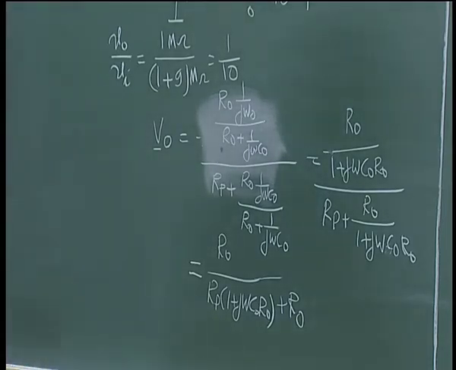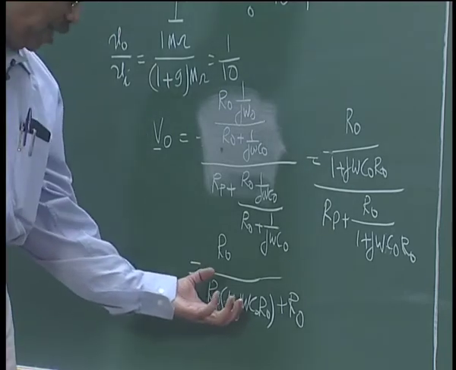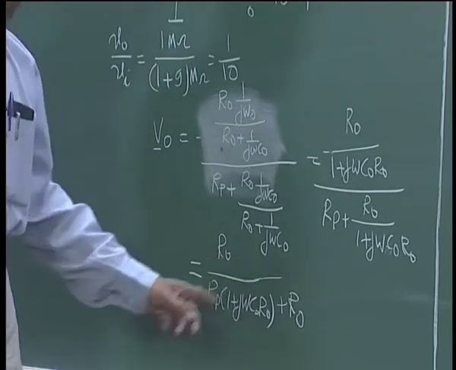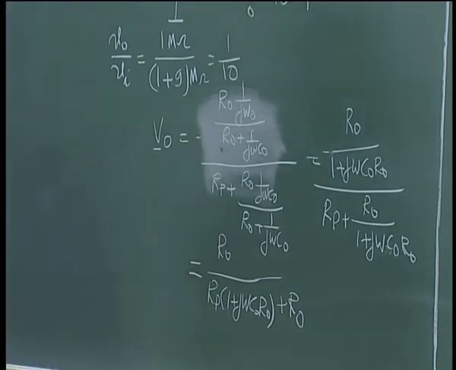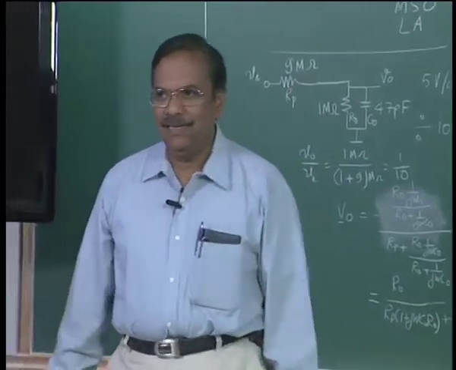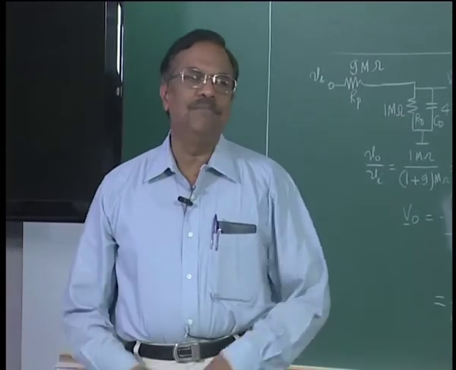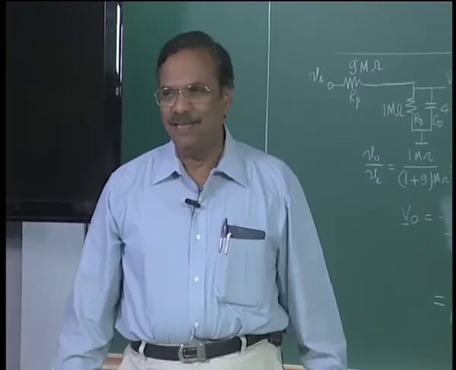So, as omega increases, this quantity will increase and I will not get R naught by R naught plus Rp, right. I will get something completely different, smaller.